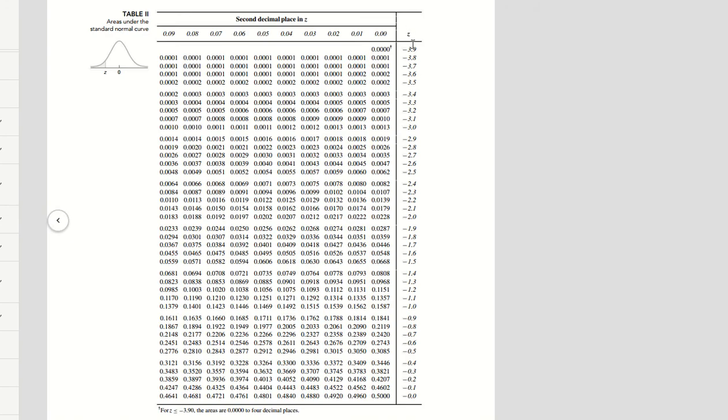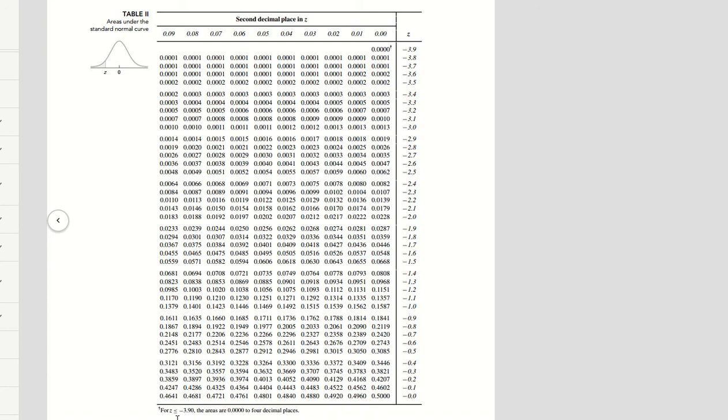So we see that the z-score they give us is -3.9, and then we see that as a 0. Okay, and then notice that it has this little asterisk, and there's a little note here at the bottom.